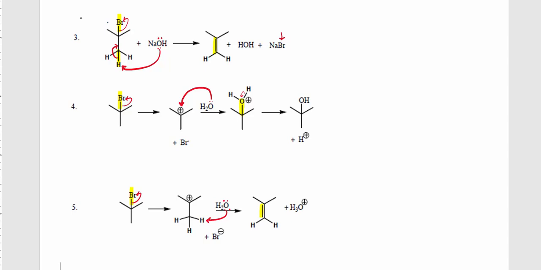Remember, your arrows start at the electrons and they end at the electrophile, or where the new bond is going to be made. So here, my oxygen is taking the hydrogen, and I know it's not the bromine and it's the oxygen because the product in the next step is this hydronium ion. You should remember hydronium from Chem 2. Then these electrons are going to drop into a new pi bond here, and that satiates this charge.